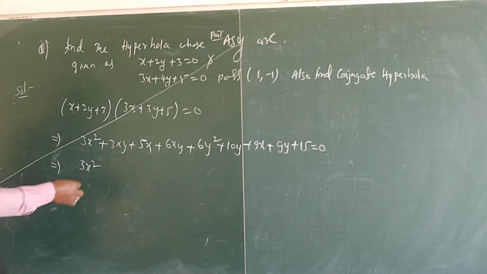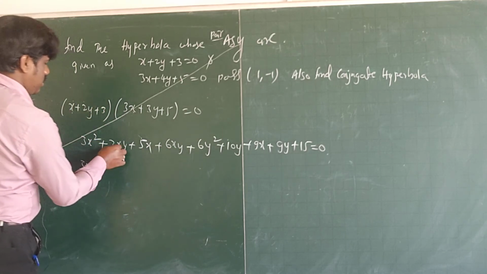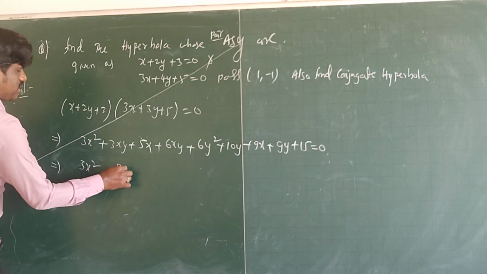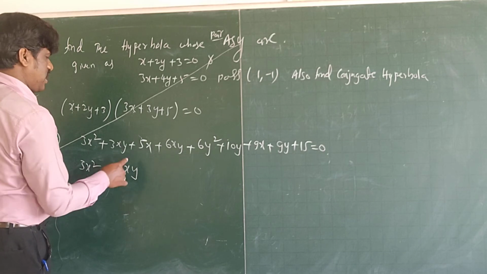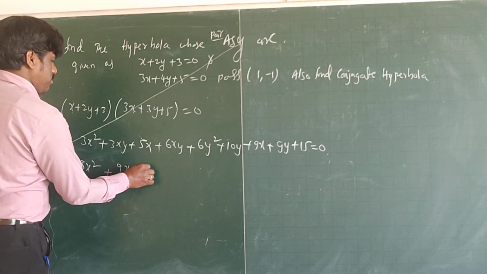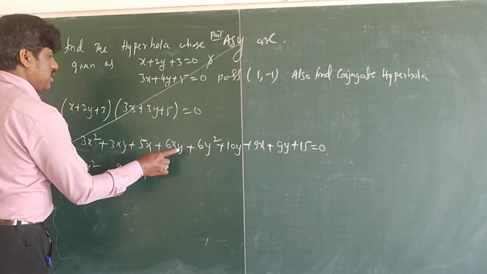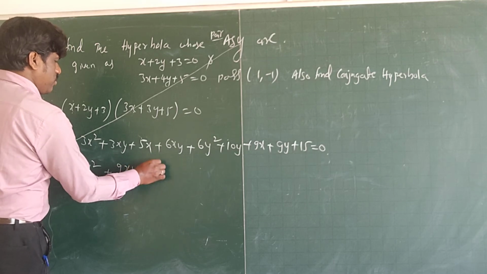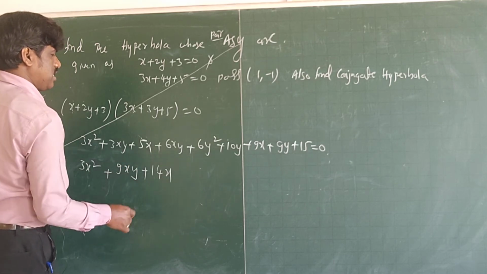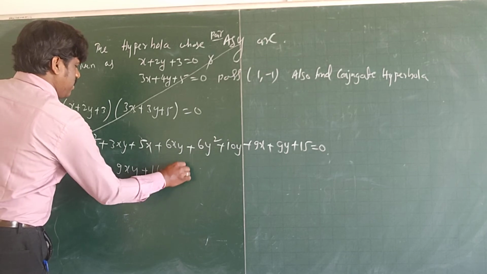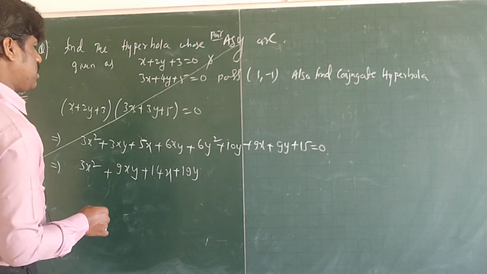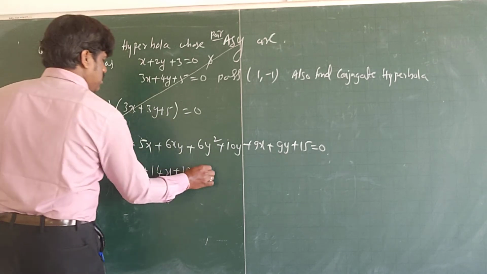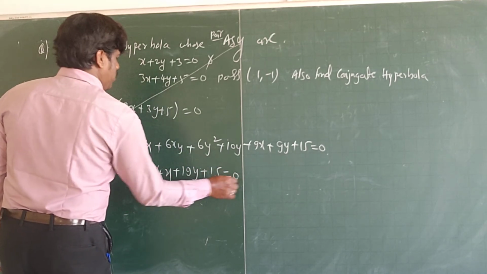So here you are getting 3x square plus 9xy, and x terms are 5x plus 9x, that is 14x, and y terms are 10y plus 9y, and the constant will be plus 15 equal to 0. This is the asymptote equation.